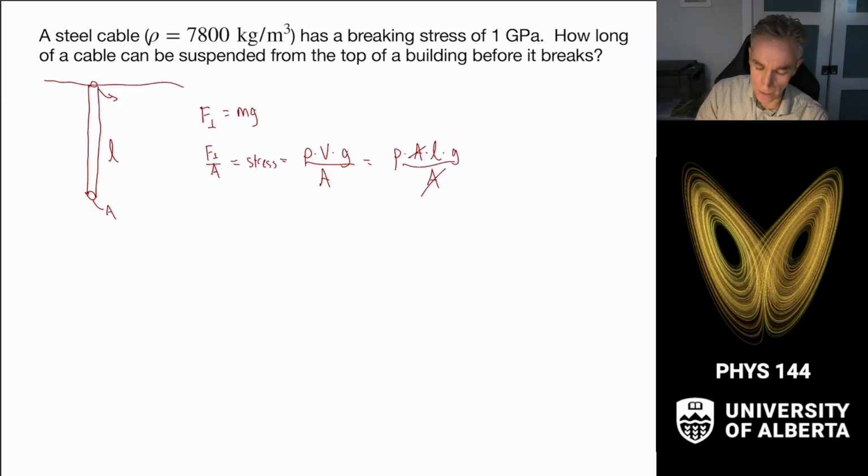Those will cancel out, and then we have the answer right here, because we set that equal to the breaking stress, which is 1 gigapascal, and solve for L.